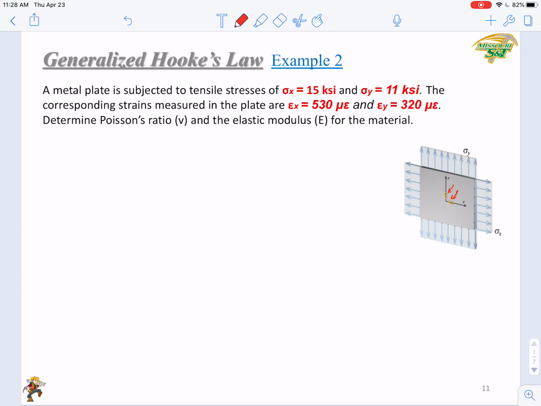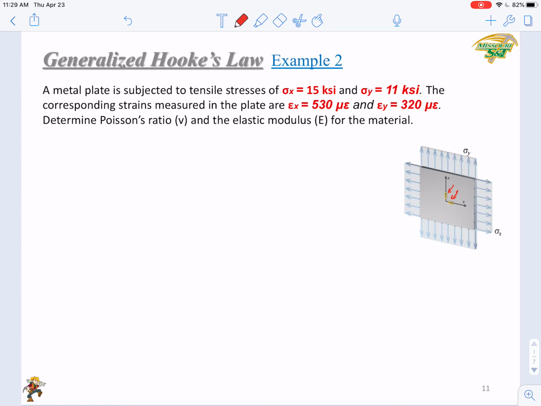So in both sets of equations, you will need to use the E and Poisson ratio, meaning that you can use either direction, either set of equations to solve these two constants. Okay, so here I want to adopt the strain to stress equations. So first of all, let's list these known values.